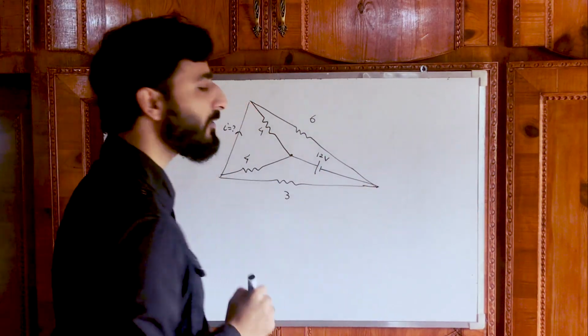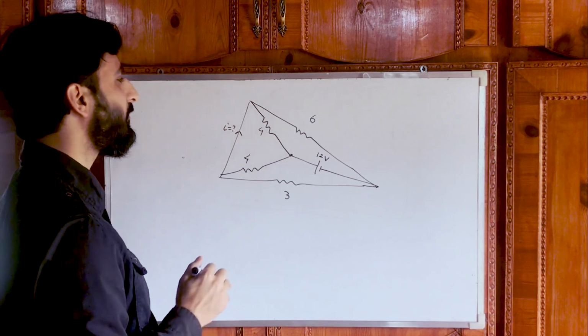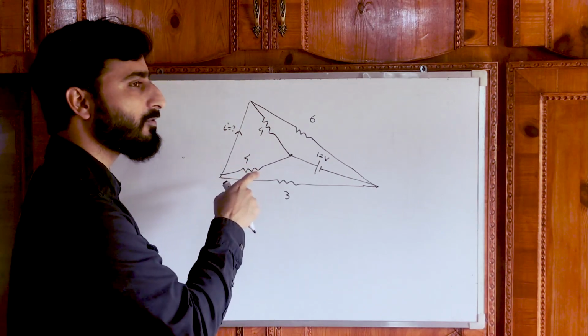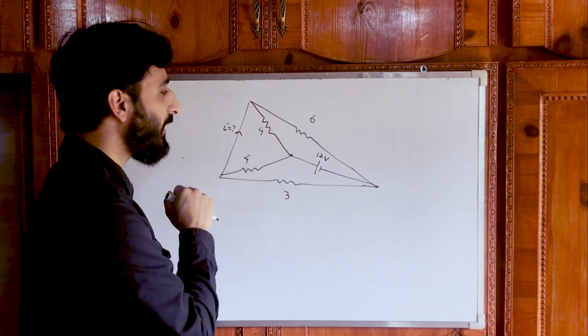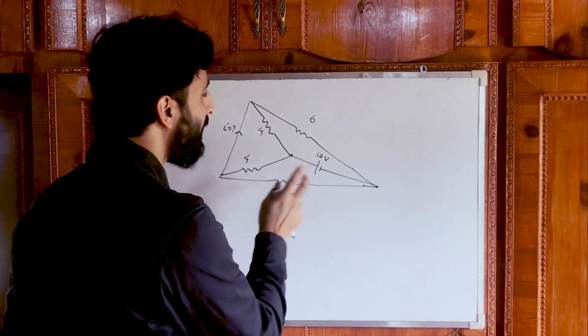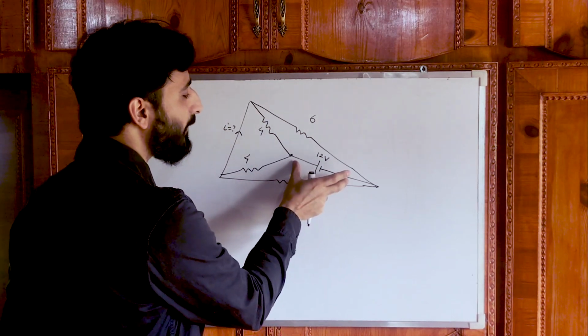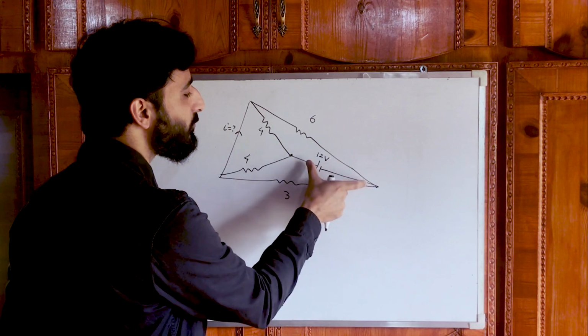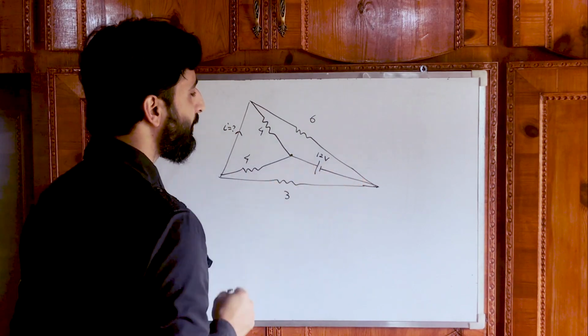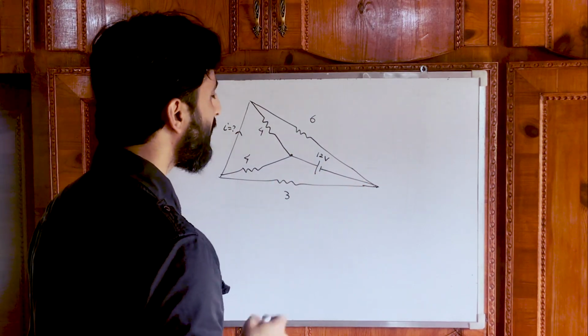How to solve this problem? We solved this in one of the last lectures, where we were asked to find the resistance between these 2 points, the net resistance. But again we will try to solve it.